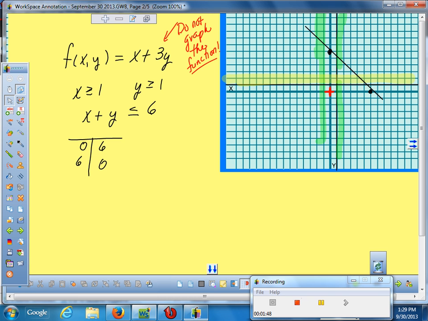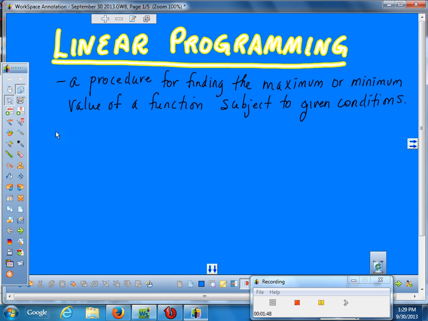So I always note that it must form a polygon of some type. Depending on how many inequalities you have, that determines how many sides you've got, but you have to form a polygon.